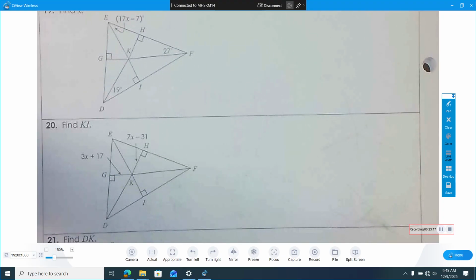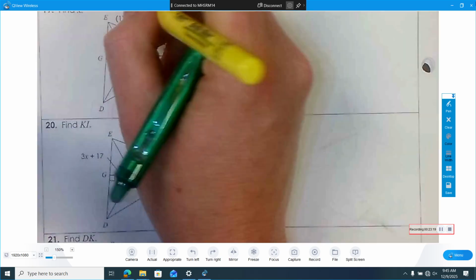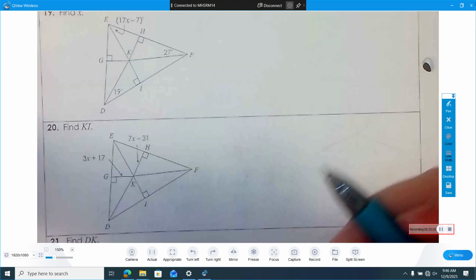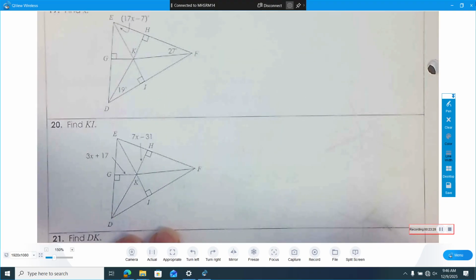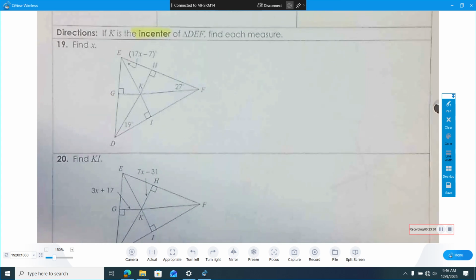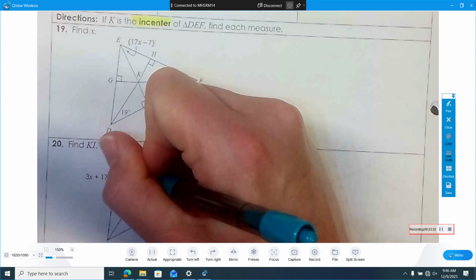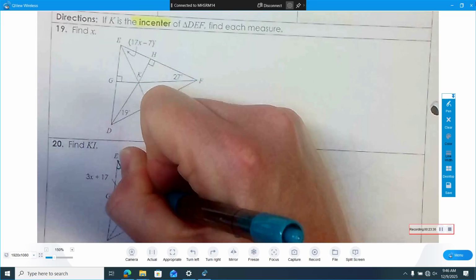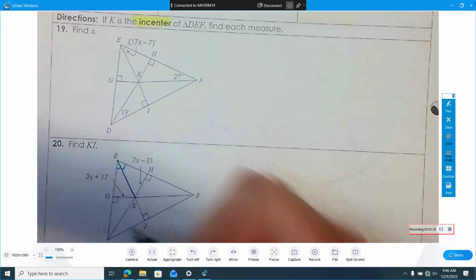Again, number 20, we are dealing with K being the incenter. So again, I need to mark up my picture here. The incenter is created from angle bisectors. So my angle here, angle E, gets bisected. So EK is my angle bisector.